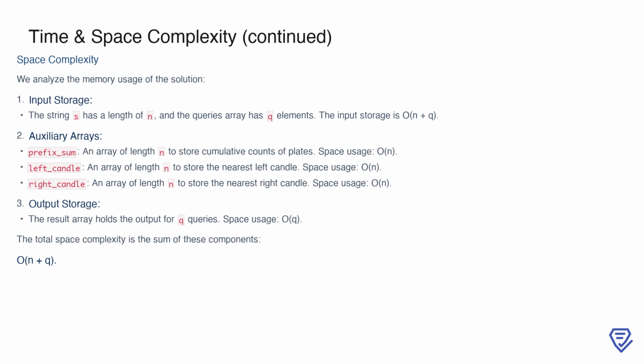Similarly, the left_candle and right_candle arrays, which store the nearest left and right candles respectively, each have a length of n, contributing O(n) space each. Finally, the output storage, which holds the results of the Q queries, adds an additional O(Q) space. When we sum these components, the total space complexity of the solution is O(n + Q).